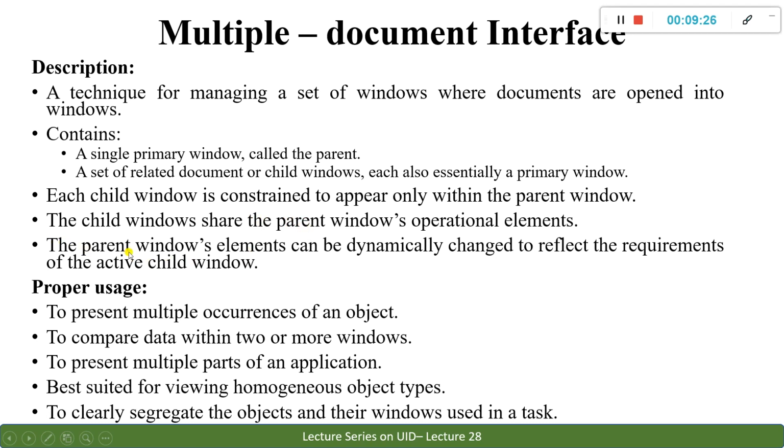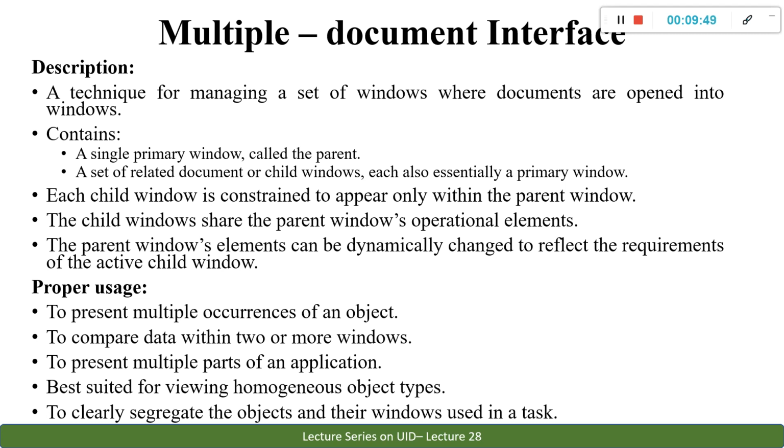Okay, so the parent window's elements can be dynamically changed to reflect the requirements of the active child window. You can change the elements of the parent window dynamically to reflect the requirements of the active windows.